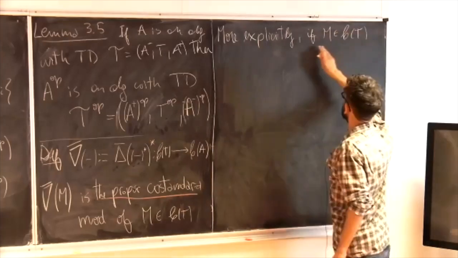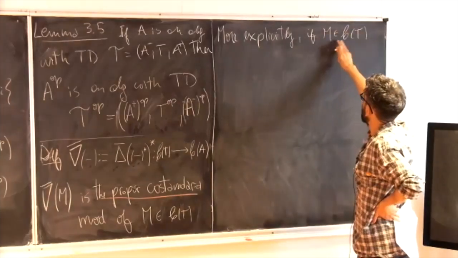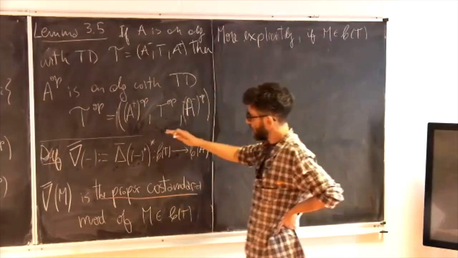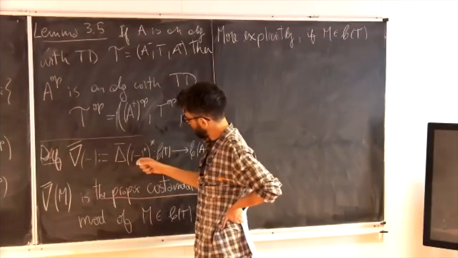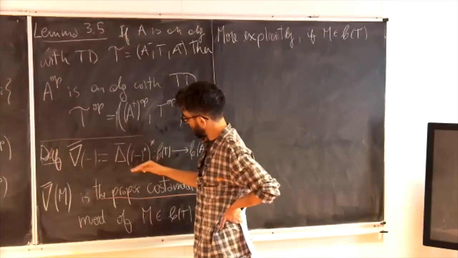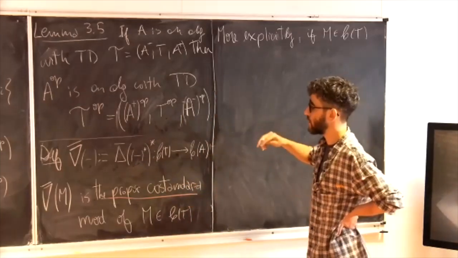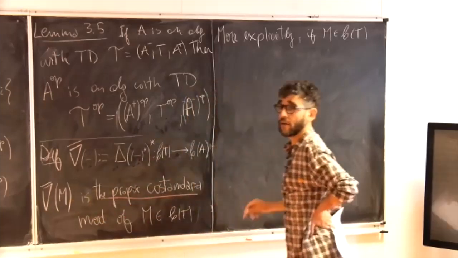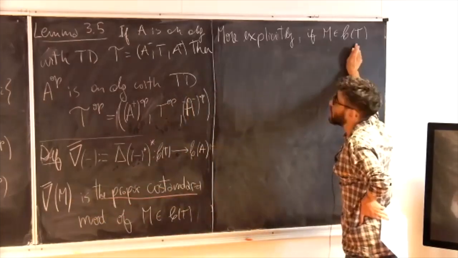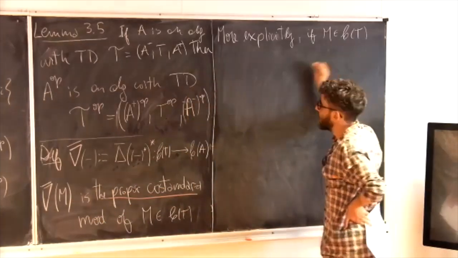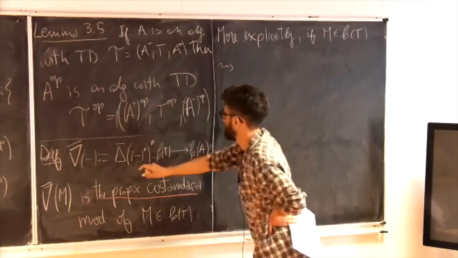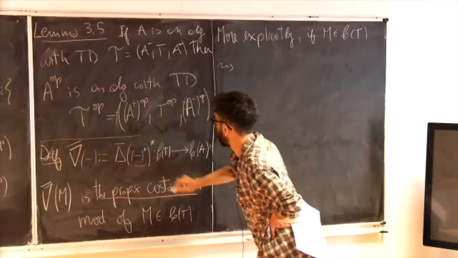I will apply this functor one step at a time in order to see how nabla M looks. We start with a module M over T, and first we apply the dual.